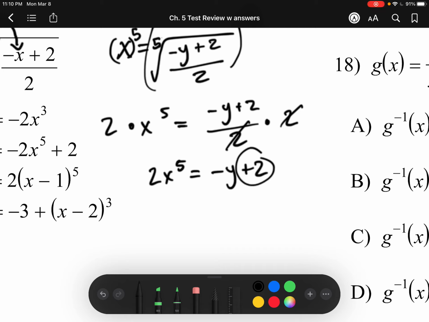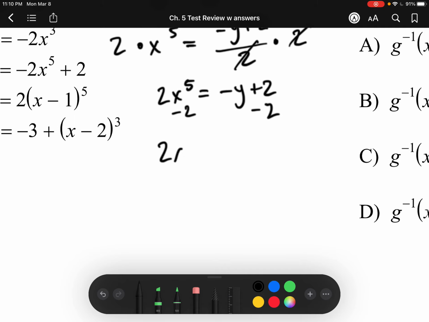Next, we have to get rid of this plus 2 by subtracting 2 from both sides. So we get 2x to the 5th power is equal to negative y. Let's get rid of each other. And the final step, oh, I forgot to write the minus 2. So we have 2x to the 5th power minus 2 is equal to negative y.